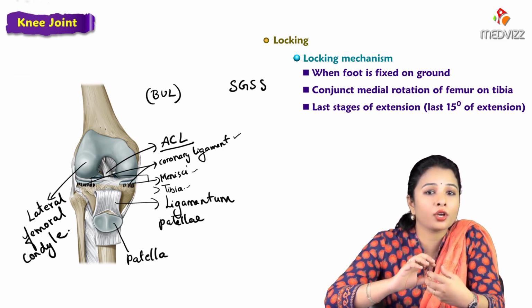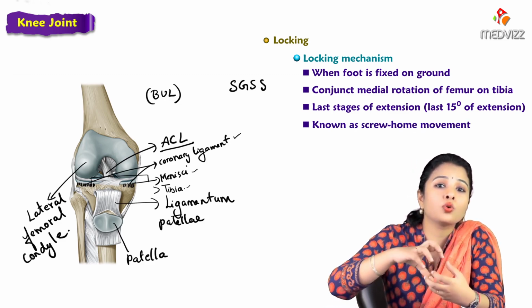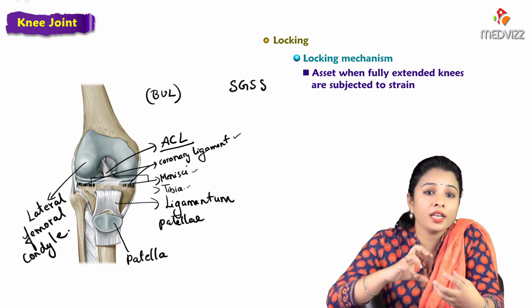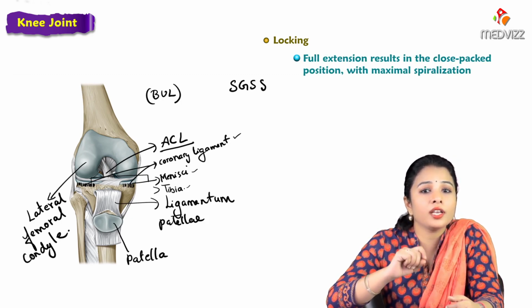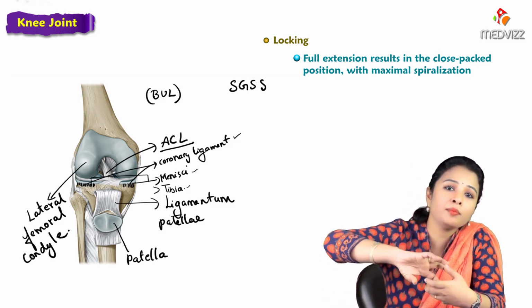It is a part of the locking mechanism, the so-called screw home movement, which is an asset when the fully extended knee is subjected to strain. So full extension results in the closed pack position, which is of maximal spiralization, meaning maximum rotation.